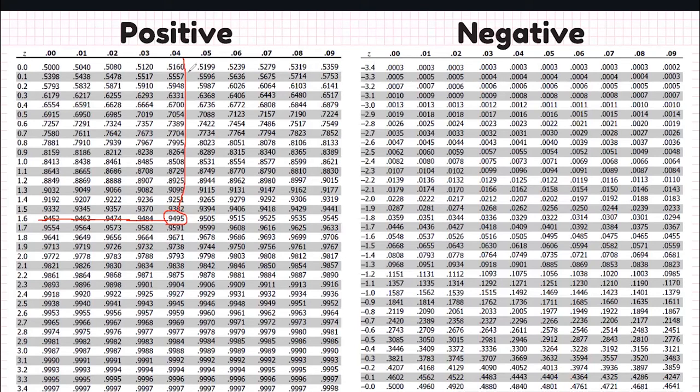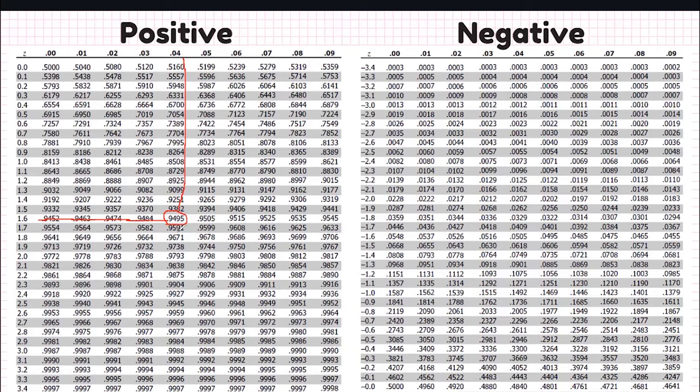And we are going to add 1.6 and 0.04 to get the z-score of this value. So 1.6 plus 0.04 is equal to 1.64.